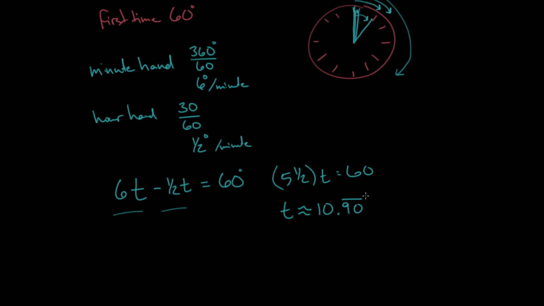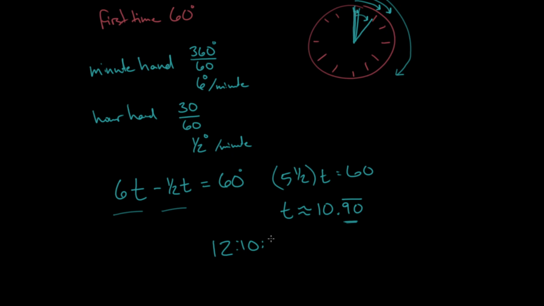So the question is, if I want to, can I convert this to a time that makes sense? Because generally speaking, we don't tell people what time it is by saying, oh, it's 12:10.9. That is not a time that we usually refer to. So I'm going to take this 0.9 repeating and multiply it by 60, and so I can give a time then. So this is going to be 12:10, and how many seconds?